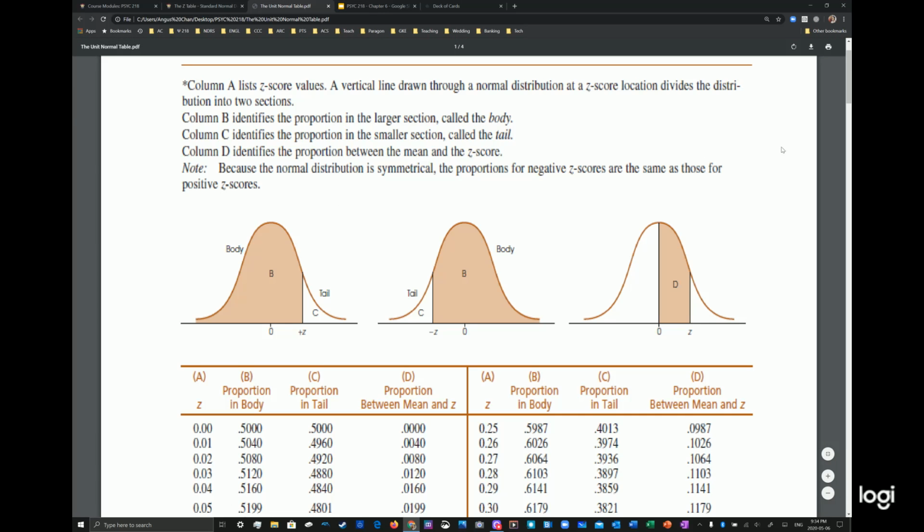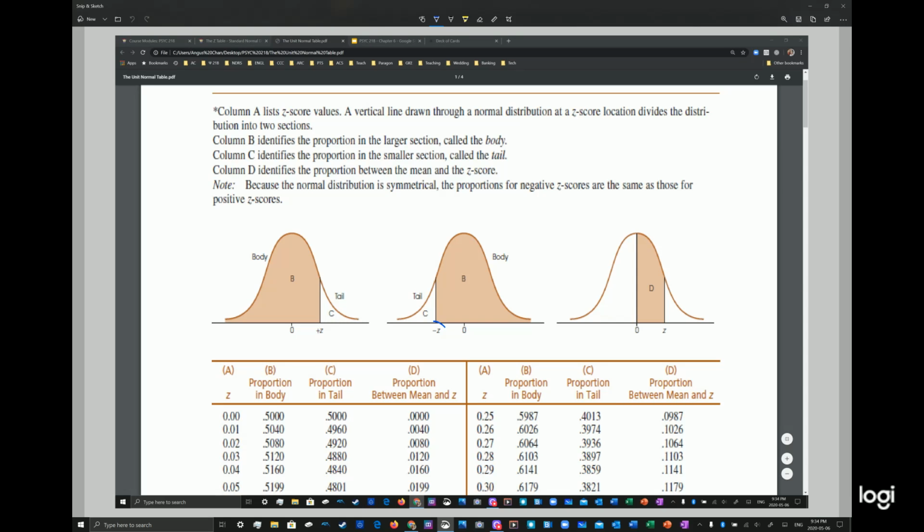Here they have an extra picture to help you. If you encounter negative Z values, then think of it as a mirror image of this picture that you've seen already. Again, the body, column B, is the larger portion, and the tail is the smaller portion.